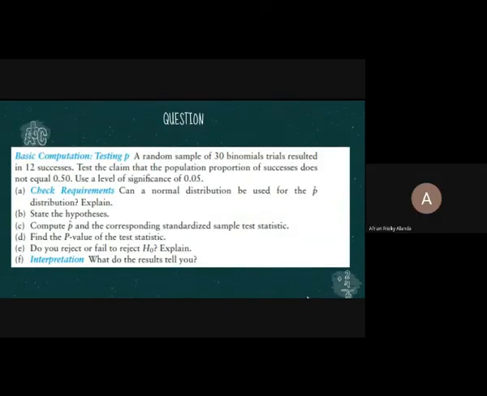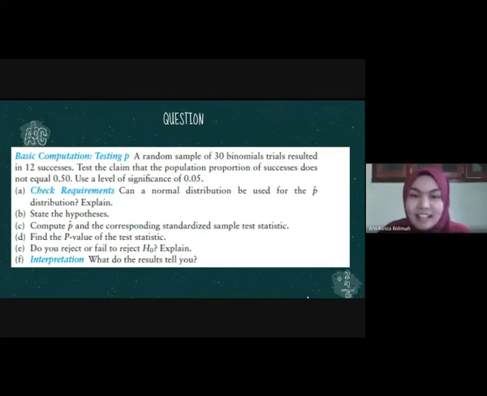The question is different from the previous.